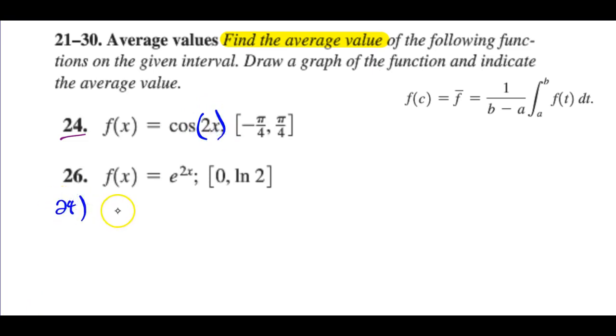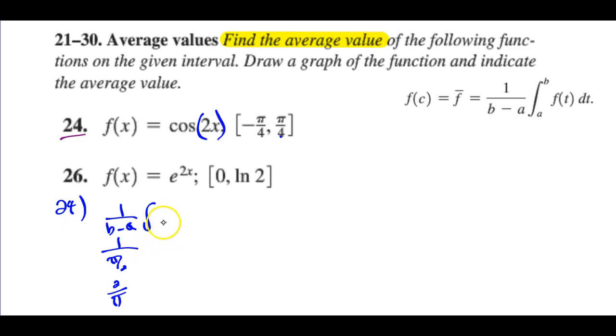Okay, so for 24, I'm going to do 1 over b minus a and then integrate the function. So 1 over, let's see, pi over 4 minus the negative pi over 4 is pi over 2, which reduces to, instead of dividing by a fraction, 2 over pi. I think I did that right.